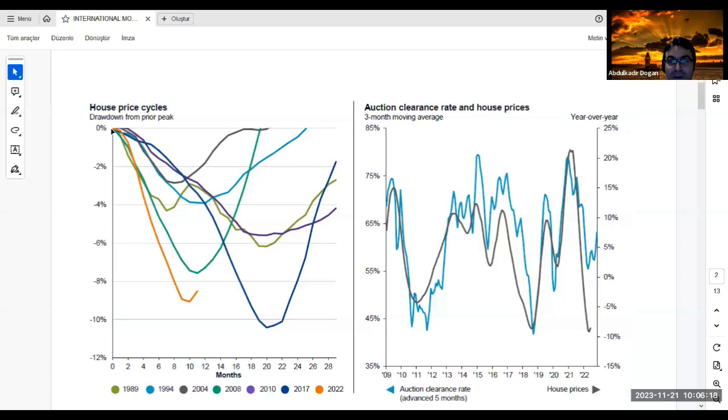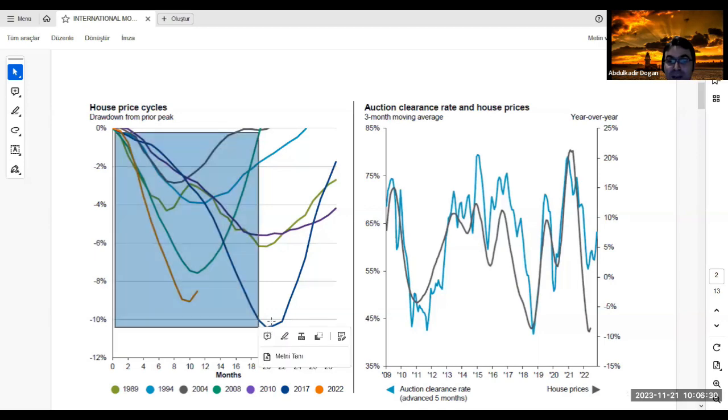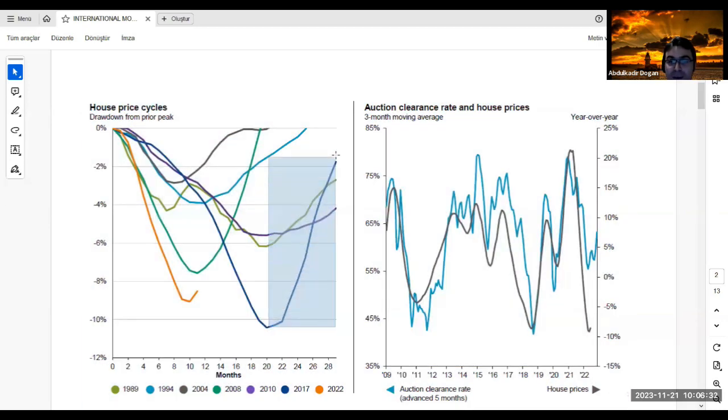During 1 year, please look at this side, our house price index approximately decreased 10%, and 1 year later it converged and compensated 8% of its losses and finished the year with a 2% loss from the starting point.